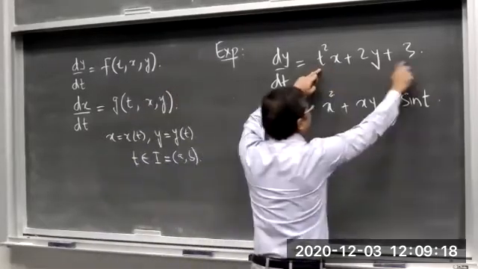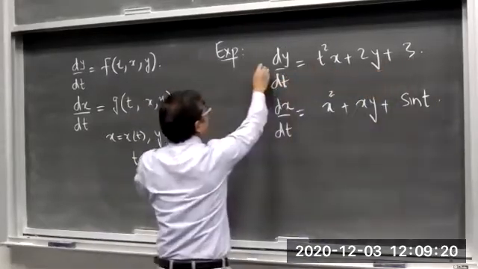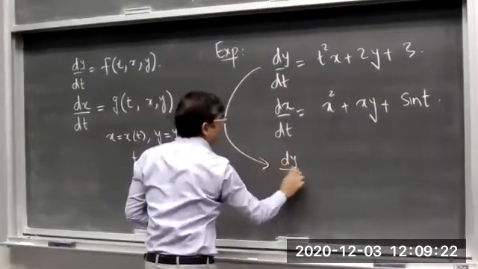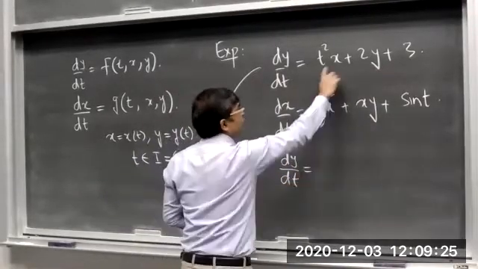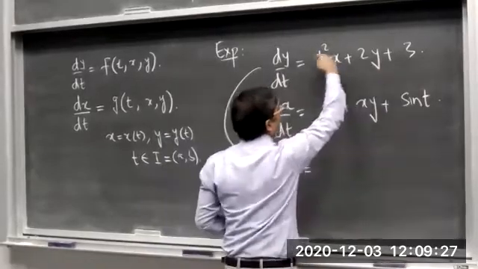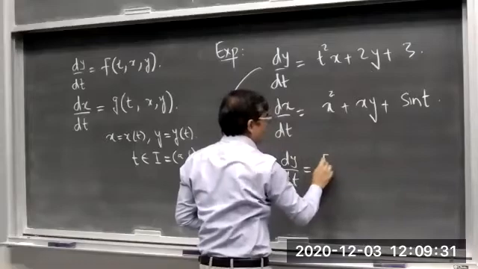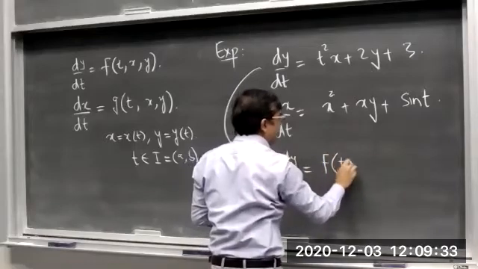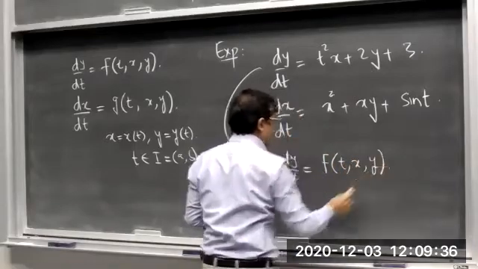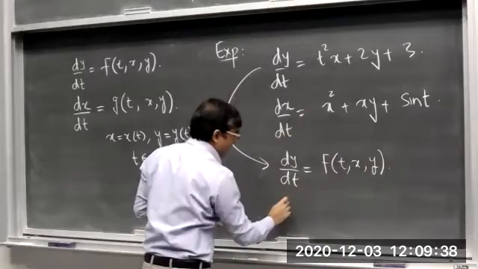What is this? This is your first function, and we can write this as dy by dt is equal to some function of what? It is a function of t, x, and y. So we can write this as some function f1 of t, x, y.